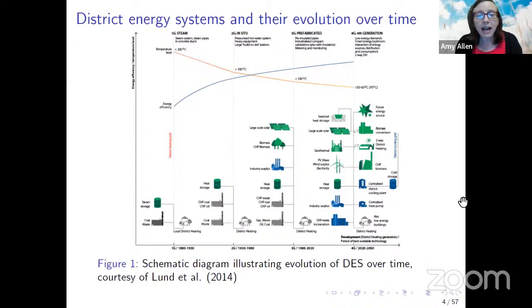But to mention now, the primary focus of my work has been on so-called fifth generation district heating and cooling systems, which use water at a range of temperatures of 15 to 25 degrees Celsius or 60 to 80 degrees Fahrenheit. These systems are also known as ambient loops because they use water at temperatures close to air temperature.